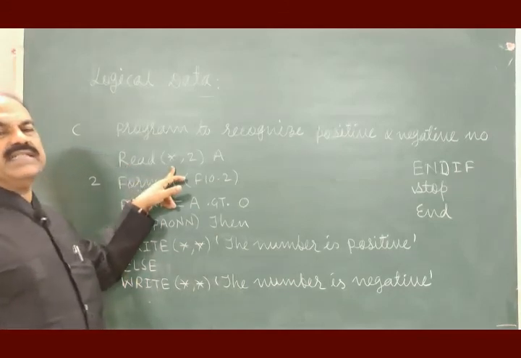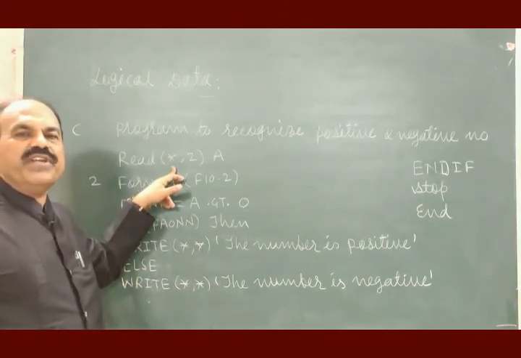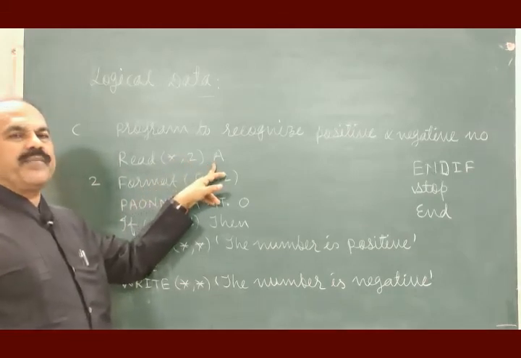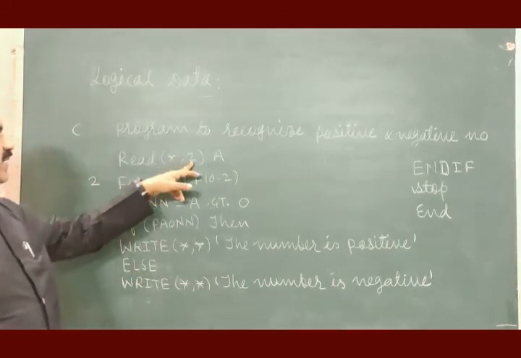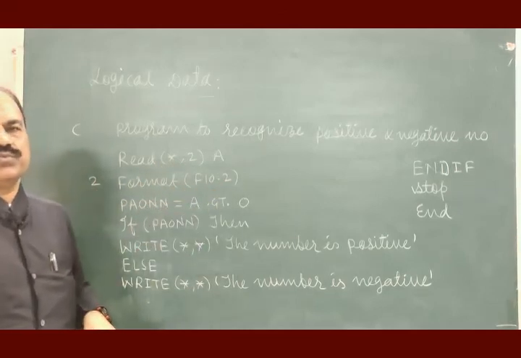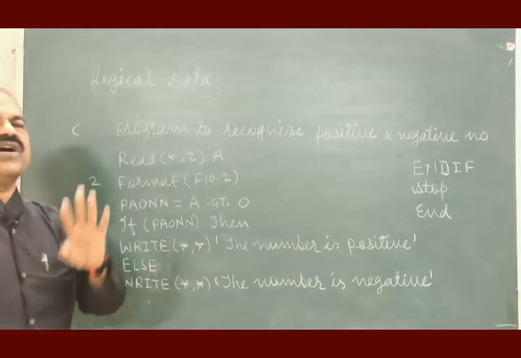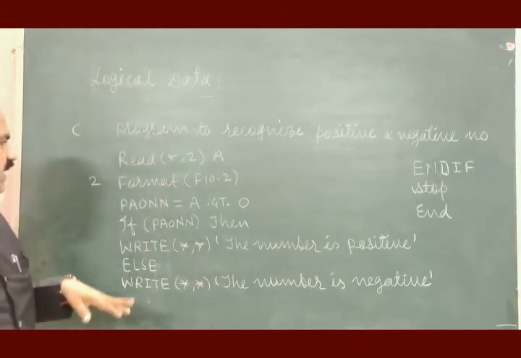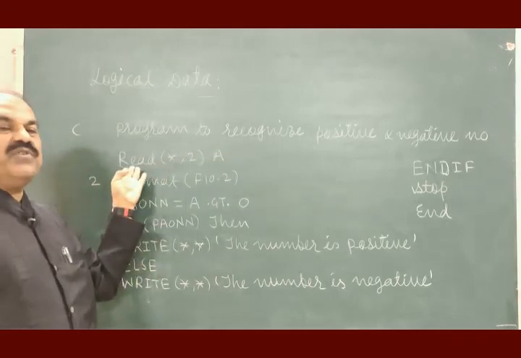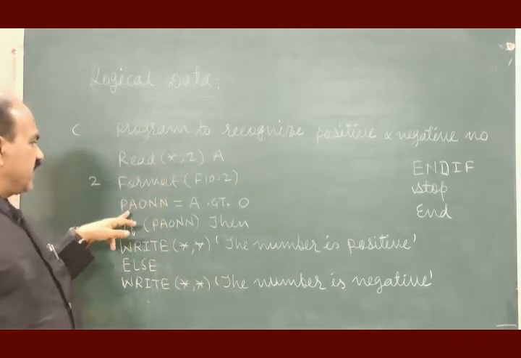Read, default input device asterisk comma 2A, and what is the format? 2 format F10.2. So A is a real number. Whatever number you enter here will be read by the program.